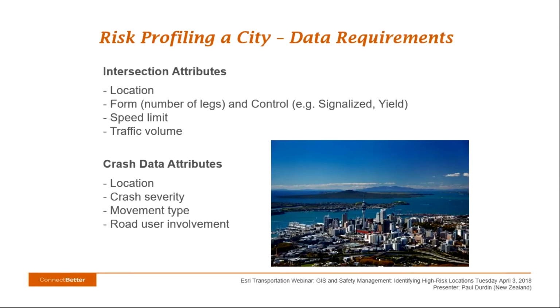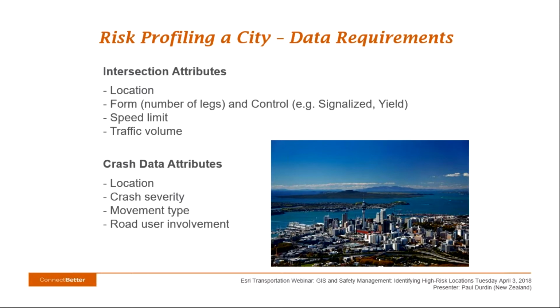So I want to talk to you about how we've used ArcGIS to risk profile a city, in this instance Auckland, and how we've built that using ArcGIS Desktop and Model Builder in particular. So here's a list of the attributes that are required to calculate the risk profile for any intersection.